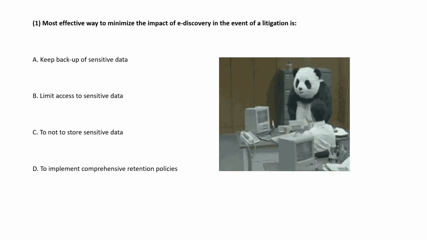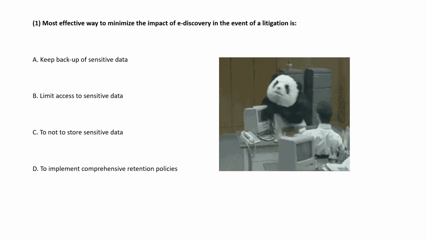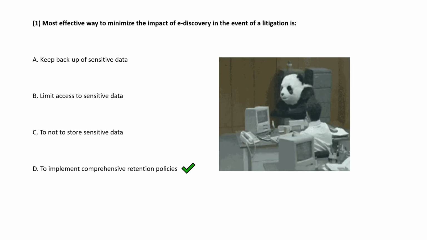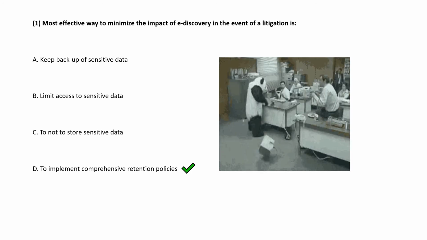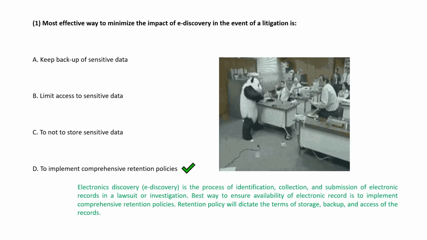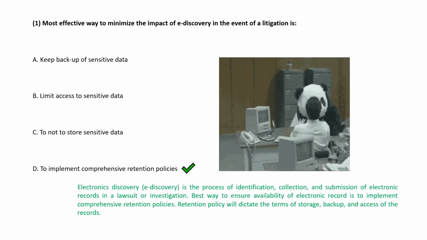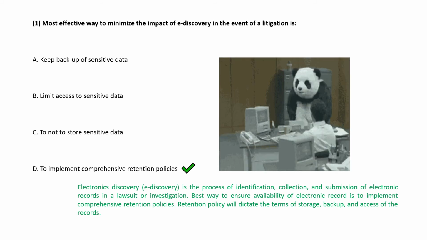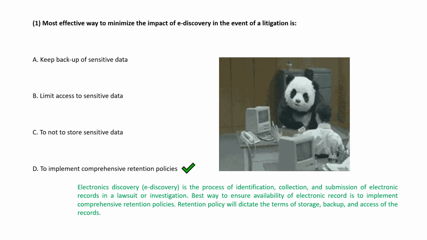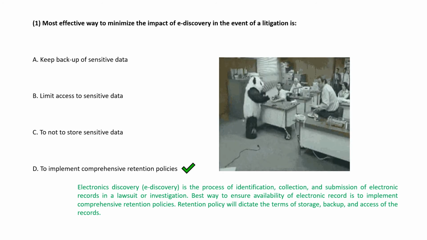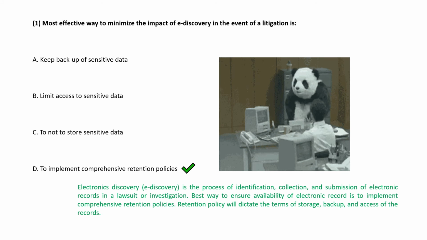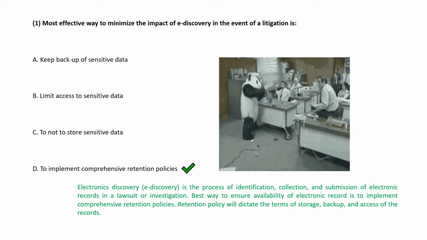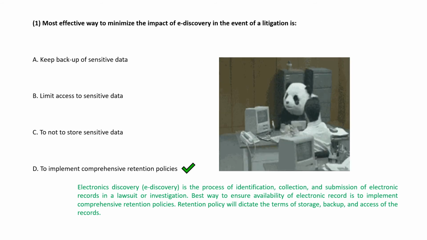Now what would help you? The correct answer is option D, to implement comprehensive retention policy. The reason why option A is not relevant here is that only keeping the backup of sensitive data may not make sense unless you define how long that data should be preserved.